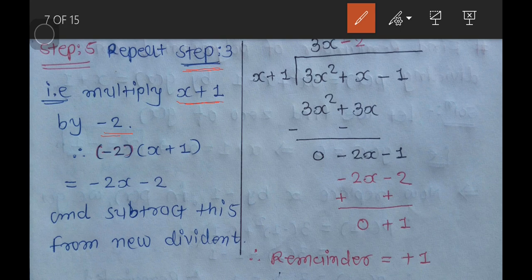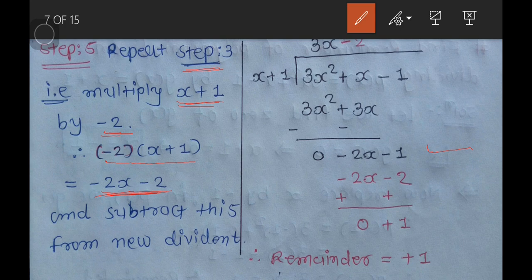We multiply x plus 1 by minus 2, and we get minus 2 into x plus 1: minus 2 times x is minus 2x, and minus 2 times 1 is minus 2. Now we subtract this product from our new dividend.